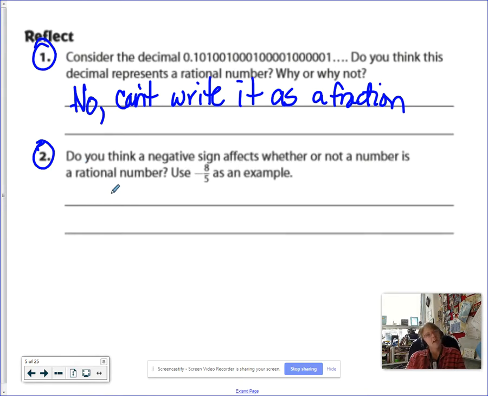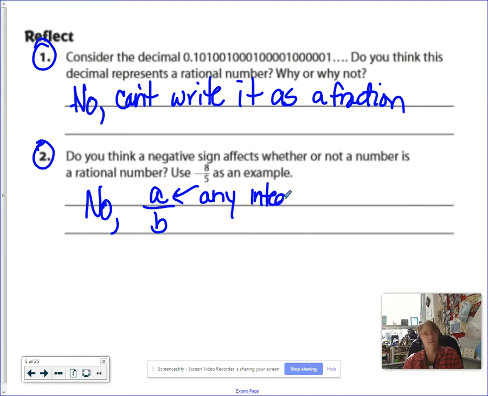Okay. On number 2, do you think the negative sign affects whether or not it's a fraction? No. Okay. Remember when we determined the definition, we said this could be any integer, and a negative number is definitely an integer. Like in this case, -8. B just cannot be equal to 0.